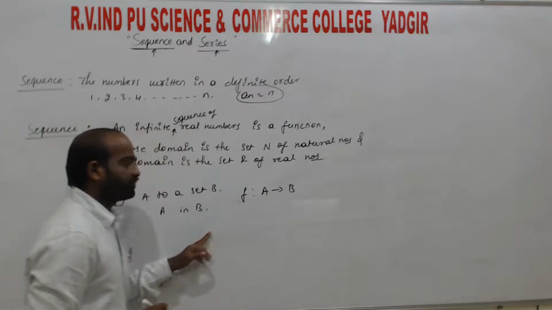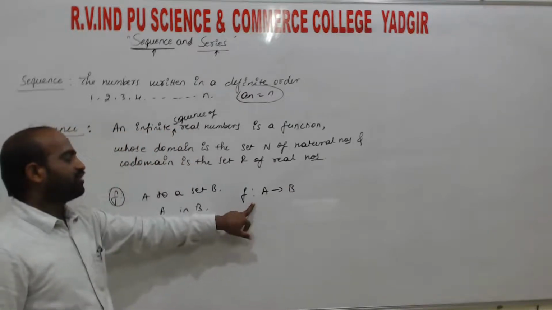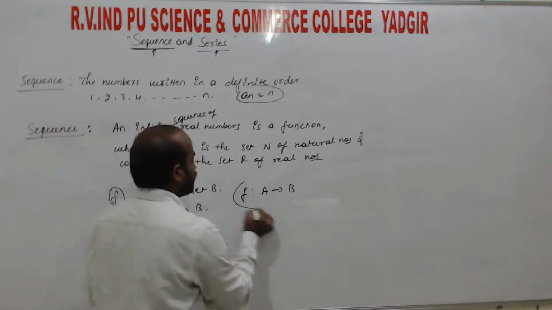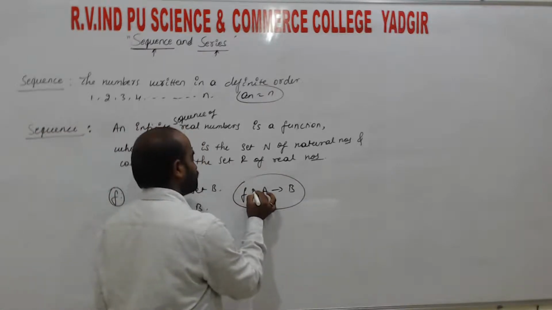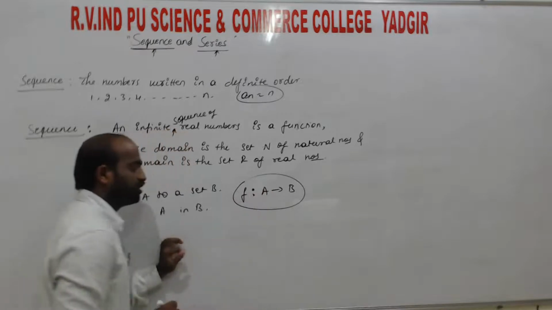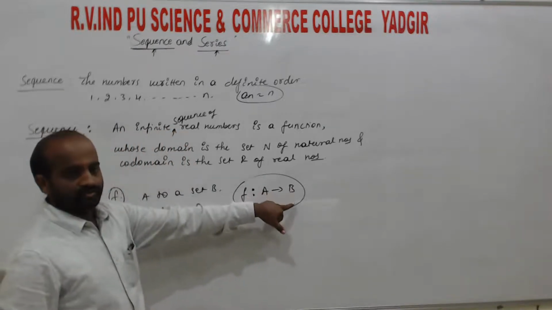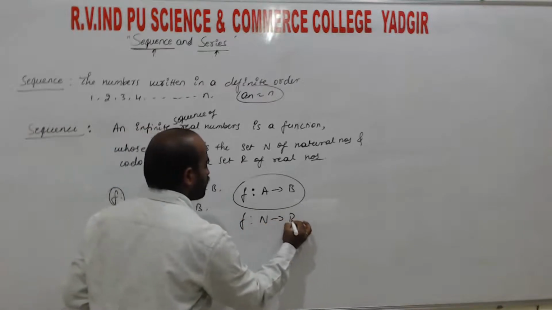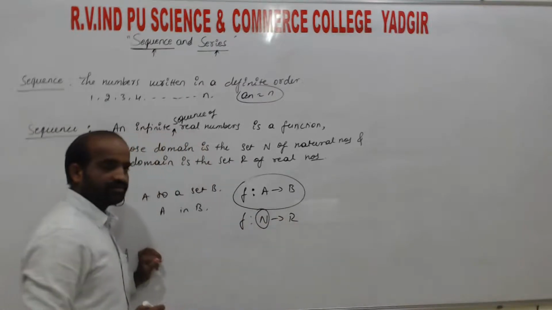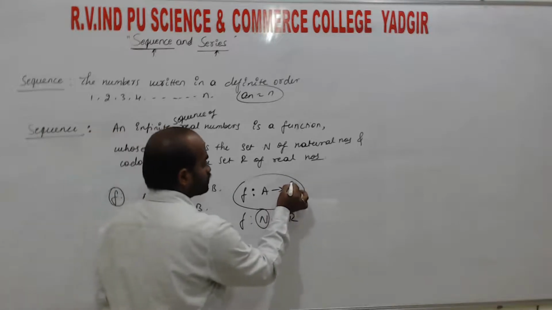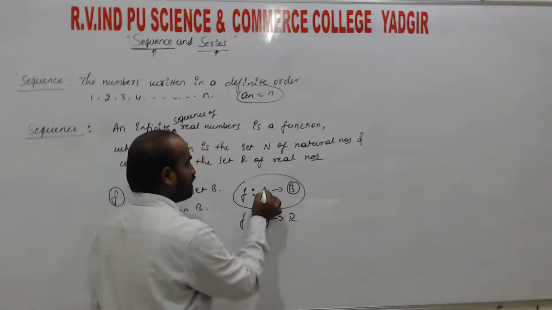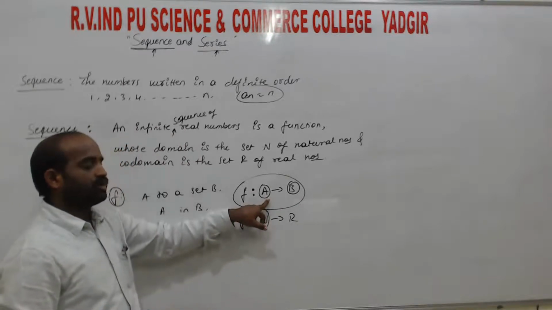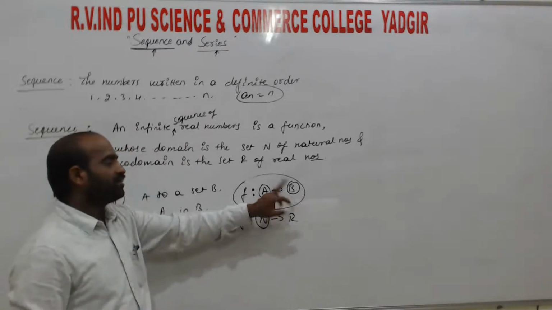This function is denoted by F from A to B, the function F from the set A to the set B. This means F from N to R. The first elements are the domain, and the whole set B is the codomain.